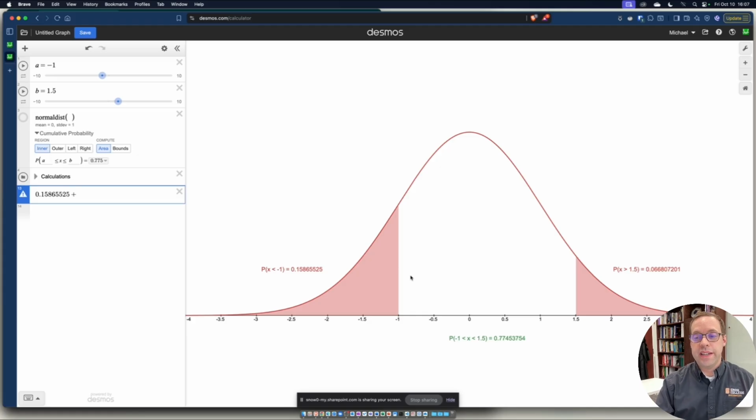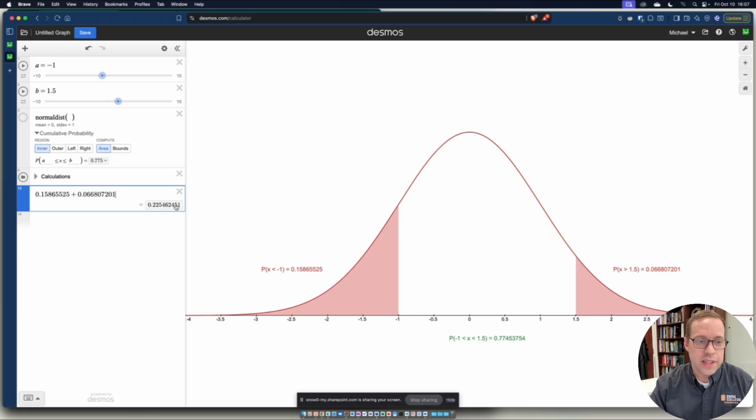And the probability of a value greater than 1.5 is 0.066807201. So together, the probability of a value in either of these two tails, I don't care which, just one of them, is going to be 0.22546. That's given to us here.